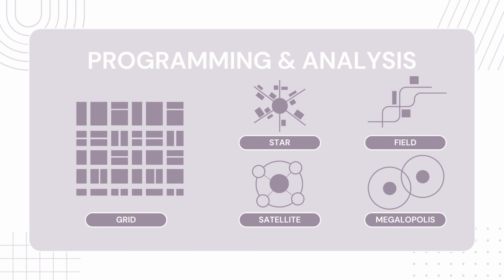Star patterns begin with a dense core and grow with development along radiating major transit routes, and low density development fills in between. Field patterns have no overall scheme and are developed as needed. Satellite patterns have a dense central core surrounded by smaller urban cores.